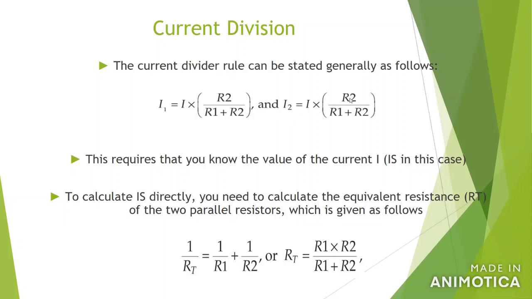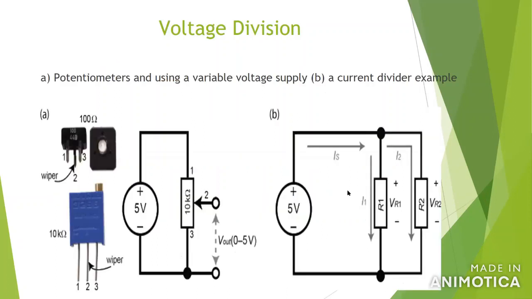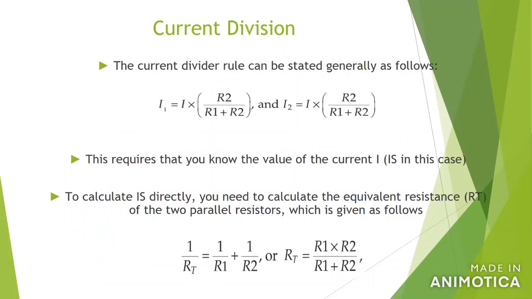I think that's a typo. Okay, let me see. It should be R1, I believe. That's a typo. So I1 will be equal to I times R1 over R1 plus R2. This should be R1, not R2. Okay.